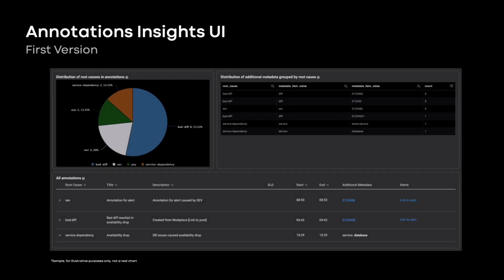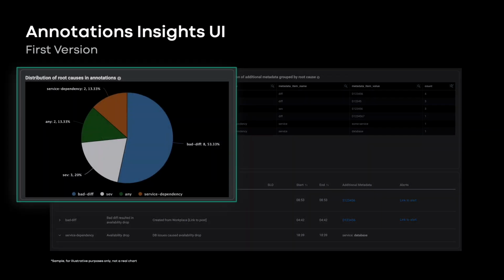Now that we have these different workflows of filling in schematized annotations and we are gathering a lot of data, we could build a new Insights UI to display that aggregated information. So here is a new section in Slick UI. By looking at this chart, for example, you could see if there was a specific root cause that was causing most of the issues.